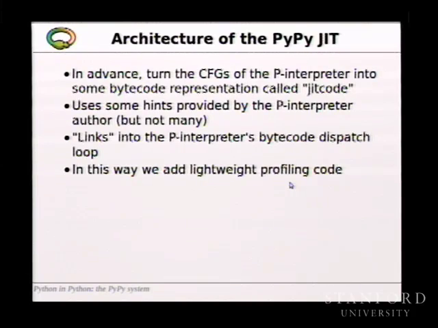Then you have the JIT that is written in RPython, and we have to link it somehow with the program, for the interpreter, for example, that I showed before. And you add some lightweight profiling code and so on.